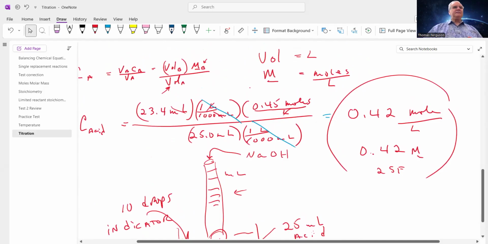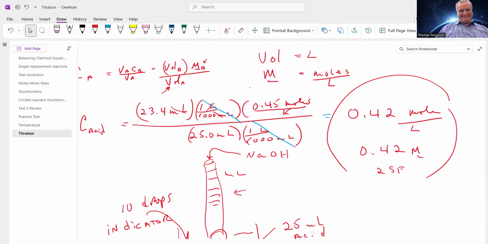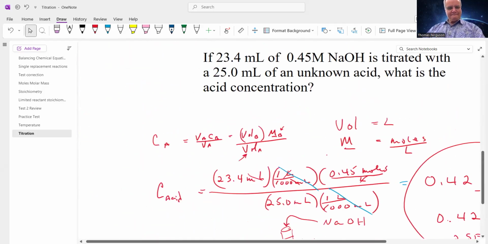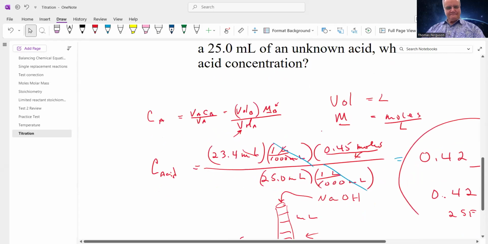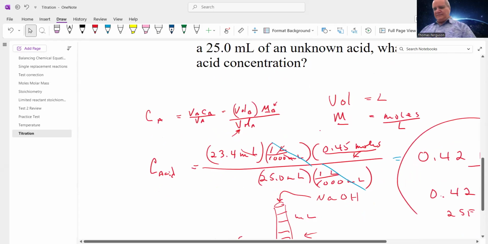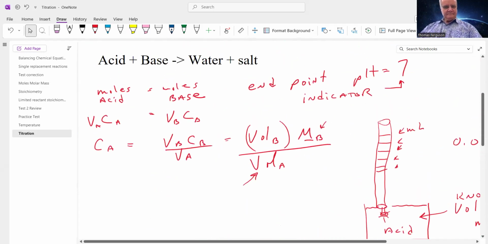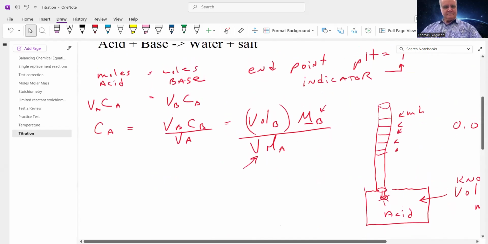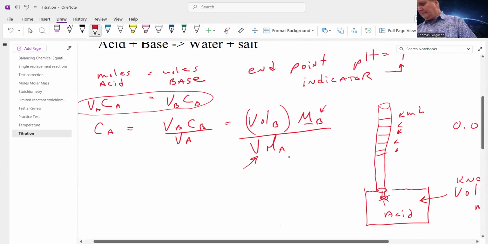So the setup is basically the same every single time. It's this relationship here. That's the key relationship for titration.